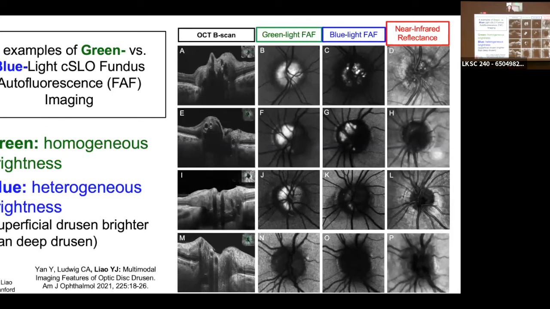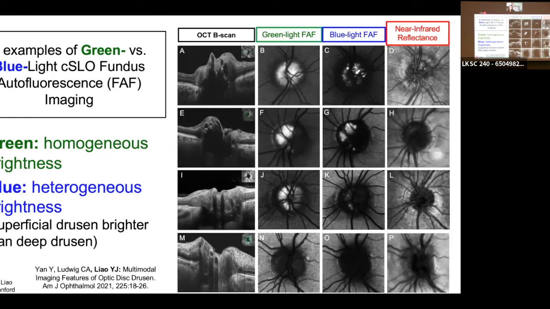So in the top row, there's quite a lot of brightness with texture. So there's a good amount deep as well as superficial. In the second one, it looks fairly superficial. The green and the blue look very similar. The third row, you can see that the green is much brighter than the blue. So a lot of the drusen is deep.